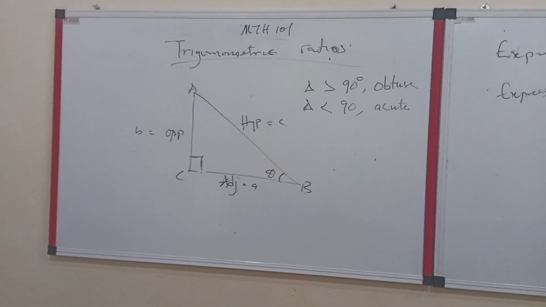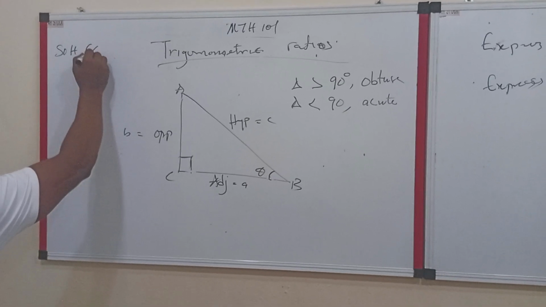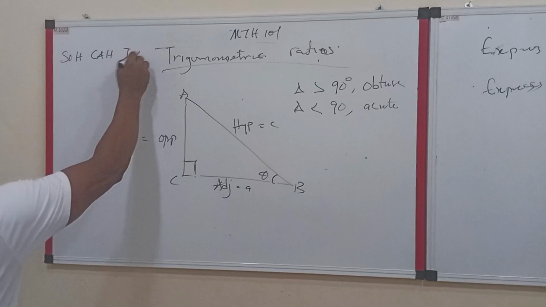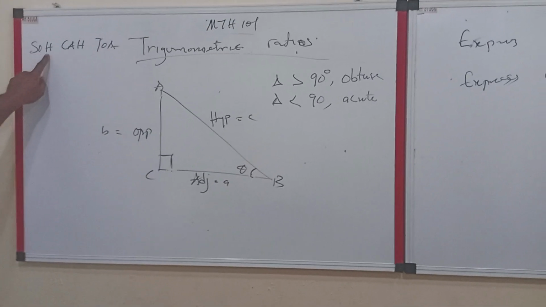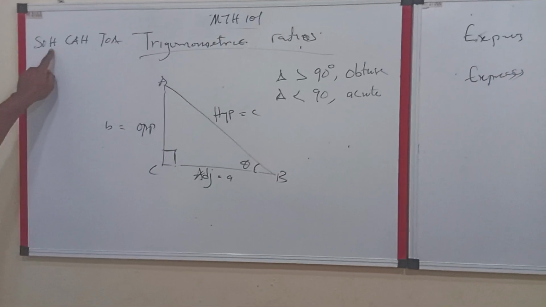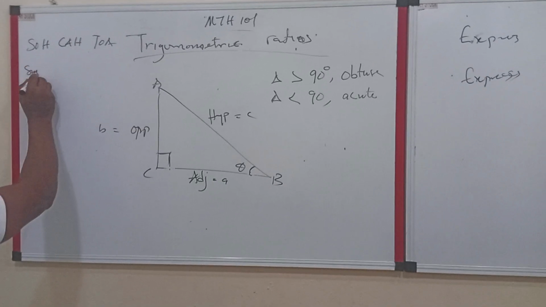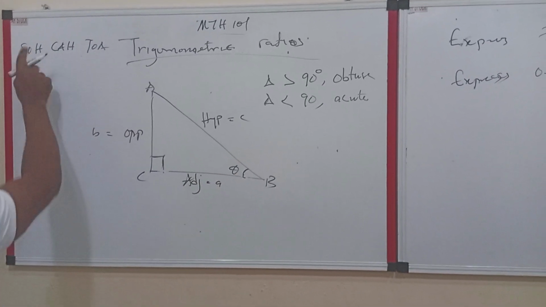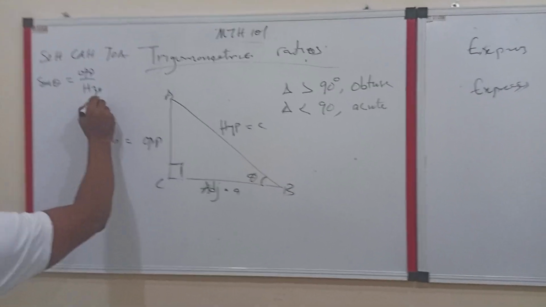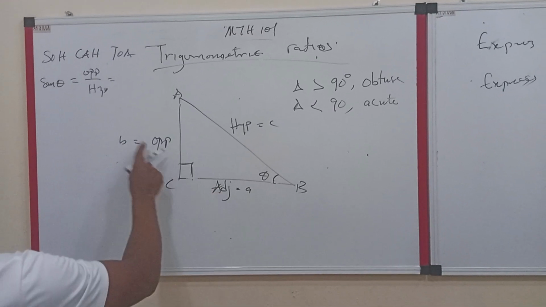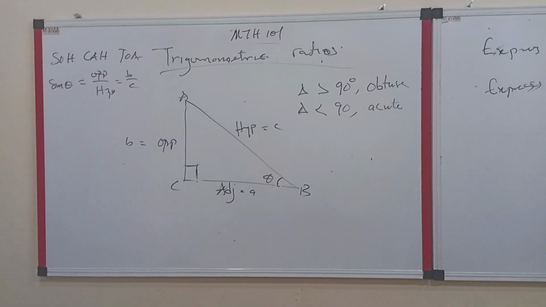Now, those of you that are used to your SOHCAHTOA, the sine of this angle is simply opposite over hypotenuse. Sine of that angle theta is opposite over hypotenuse, which is opposite is B, all over hypotenuse is C. That is what you have.